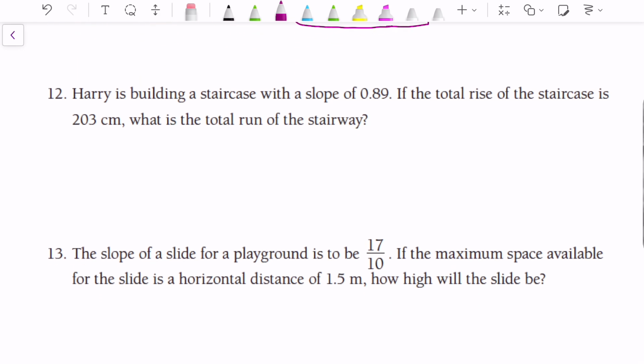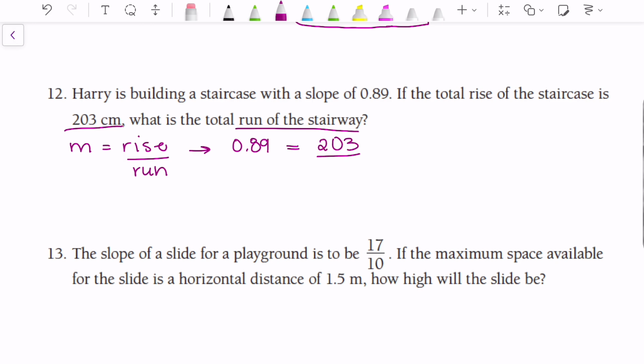Number 12, Harry is building a staircase with a slope of 0.9. If the total rise of the staircase is 203 centimeters, what is the total run? M equals rise over run. M is 0.89 equals the rise over run.